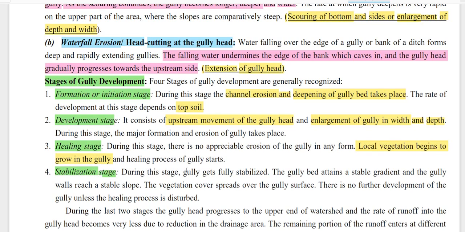Stabilization stage: during this stage, the gully becomes fully stabilized, the gully bed attains a stable gradient, and the gully walls reach a stable slope. The vegetation cover spreads over the gully surface. There is no further development of the gully unless the healing process is disturbed.